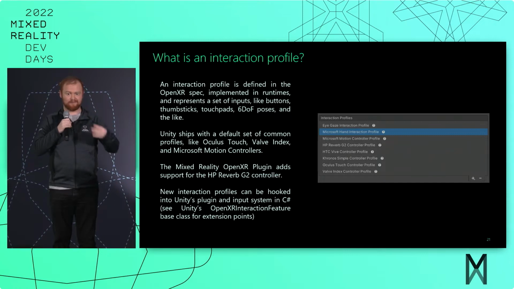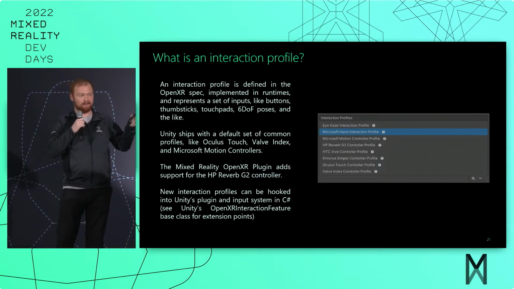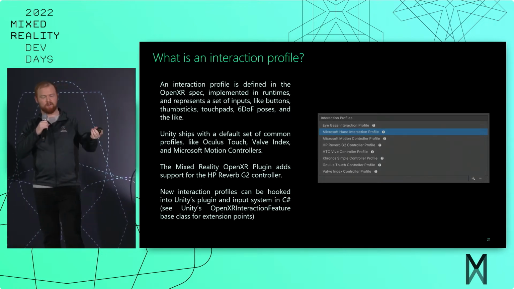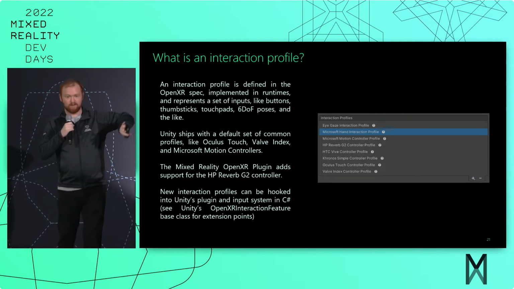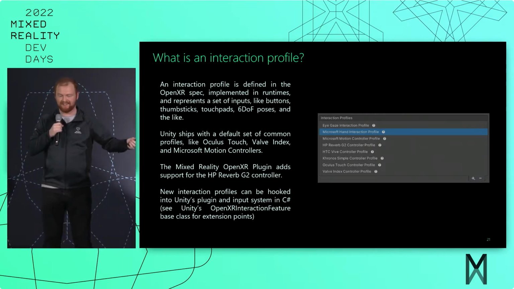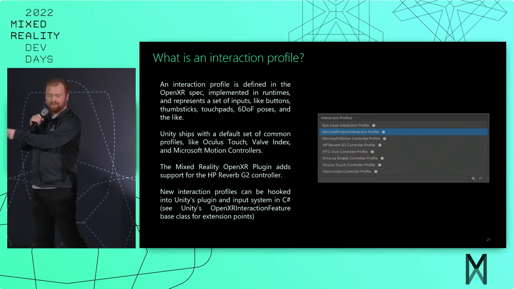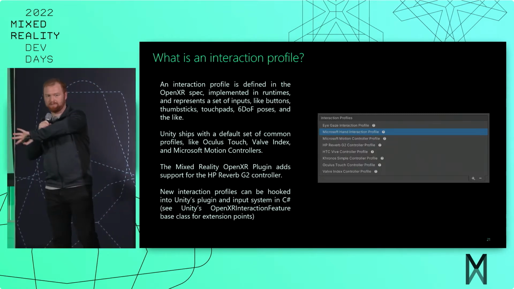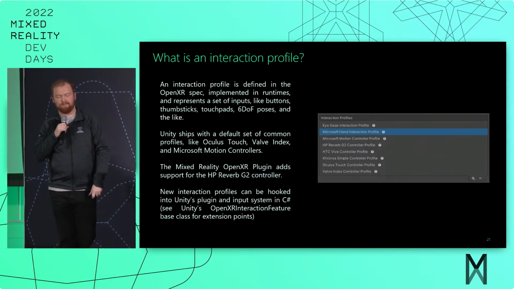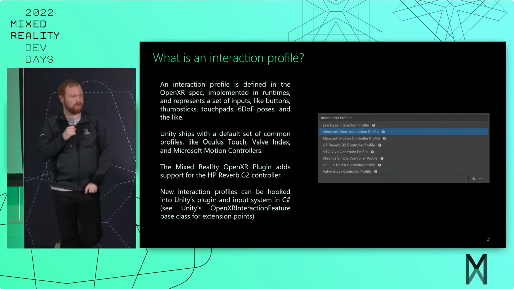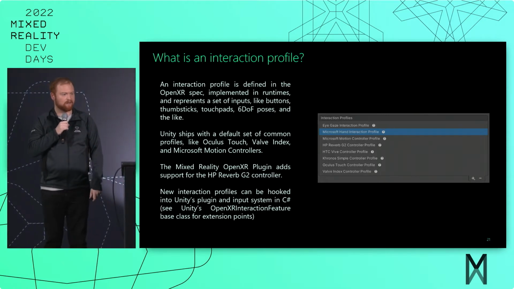Now that doesn't have to be defined in MRTK at all. It's defined on the OpenXR spec side, and Unity provides a nice extension point to say, here's the OpenXR spec piece, and this maps directly to specific axes in the Unity input system, the input action mappings profile.